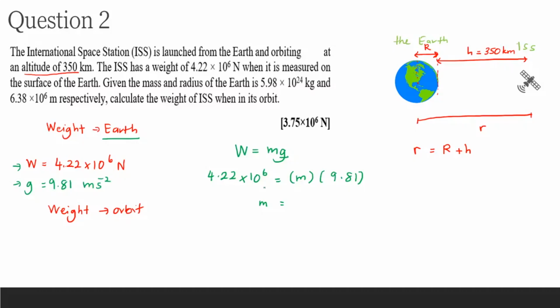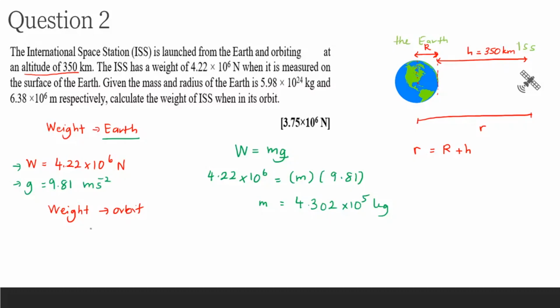Whether you're on the surface of Jupiter, on the surface of Mercury, on the surface of the Earth, mass is something that is constant. Sebab dia adalah collection of matter ataupun collection of particles kan. Okay, jadi dekat sini mass kita 4.302 exponent 5 kilogram. Even we have travelled away from the earth, kita punya mass tetap sama.